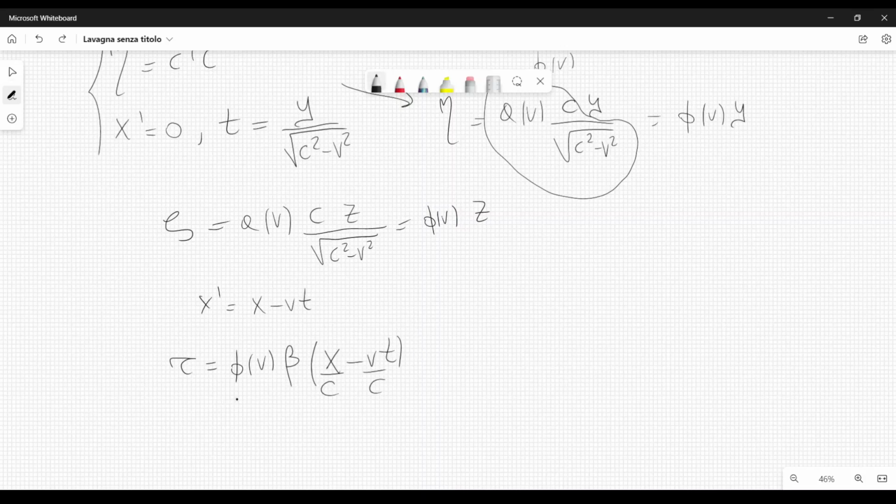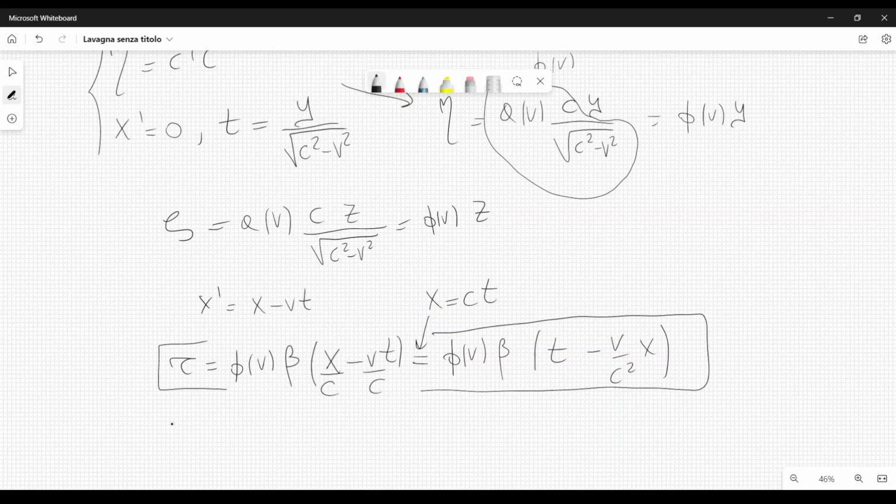And also remember that for a light ray propagating along x or xi, we can also rewrite the equation as x equal to ct. So this can be written as phi of v beta times t minus v over c squared x. So in this case I have substituted for t this expression, x over c equal to t, so here we get v over c squared x, whereas here we can rewrite simply t, and this is one equation.